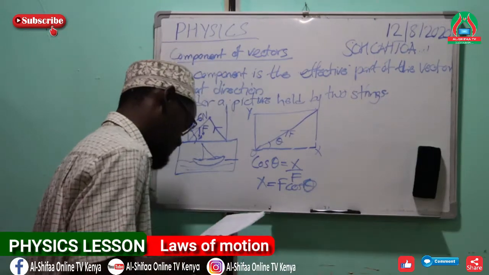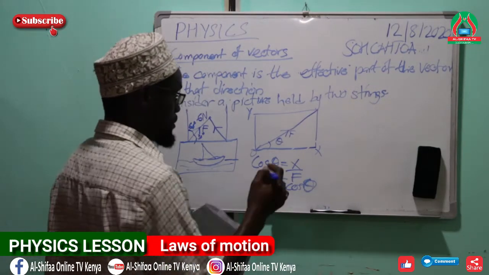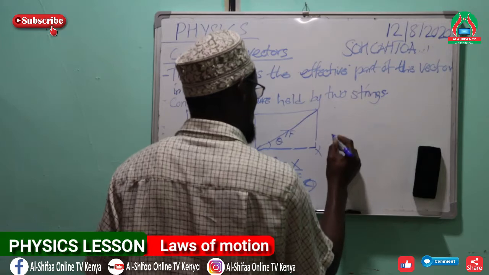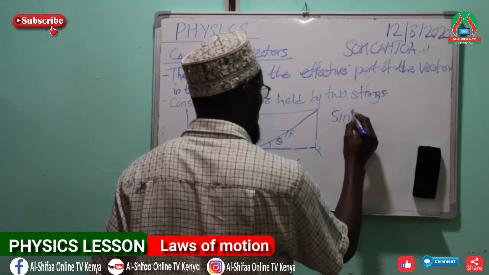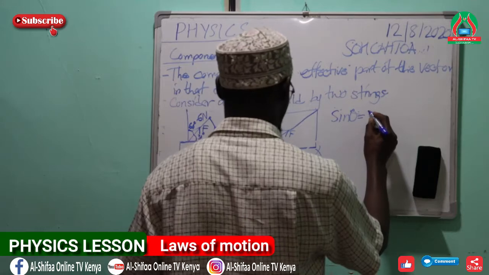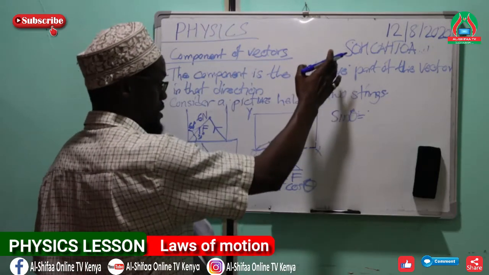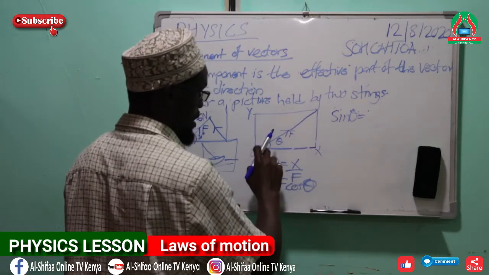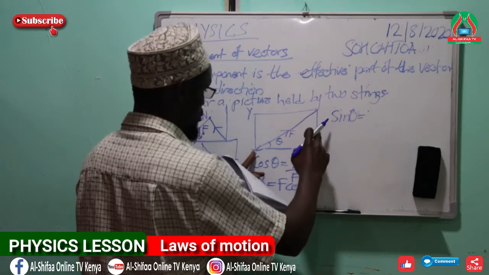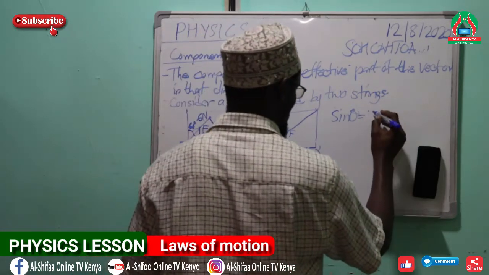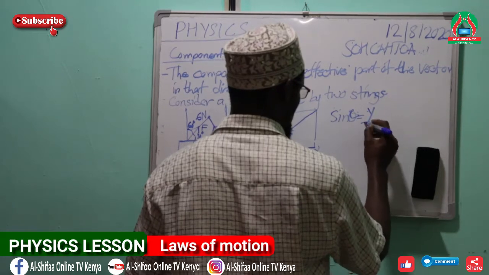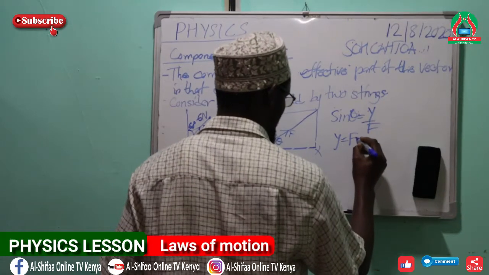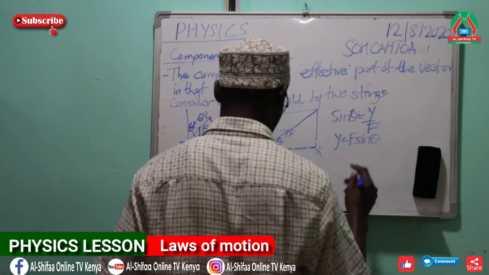And also we see that sine theta is equal to the opposite over hypotenuse, where this is the opposite to the angle, which is equivalent to y. So sine theta is equal to y over F, the hypotenuse. So y is also F sin theta.